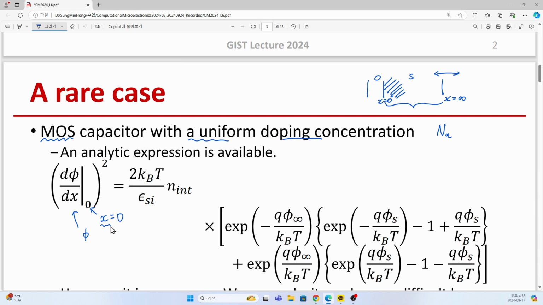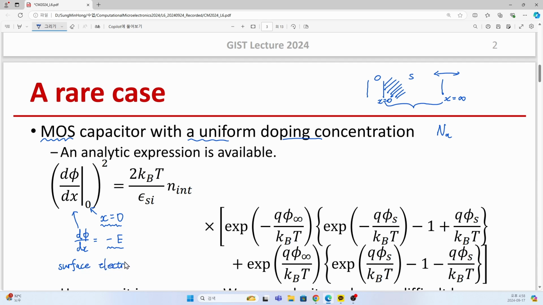Since x equal to 0 is the interface between oxide and semiconductor, and this d phi over dx is closely related to the x-directional component of our electric field, this quantity can be regarded as just a surface electric field.